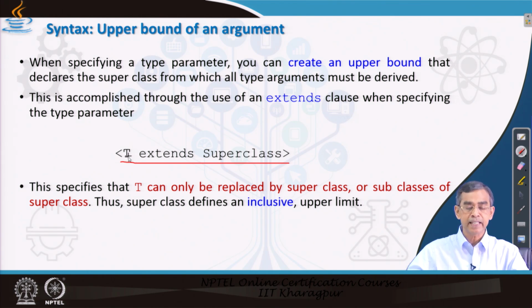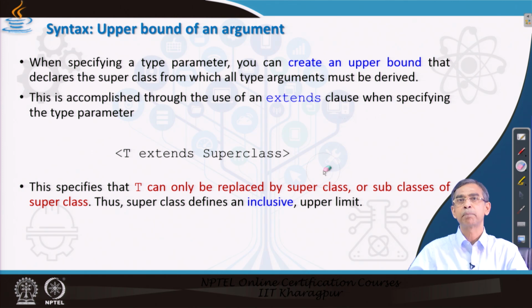But if you want to say that T has its upper bound in a particular class, then we can use this symbol. For example, GenericArray<T extends Number>. This means that this T is only valid, or the scope of this T is only valid, for the Number class or any of its subclasses. So, this is the simple syntax that you should follow while defining a generic class, if you want to mention that the generic class definition has its bound, or upper bound, up to this class or any of its subclasses.